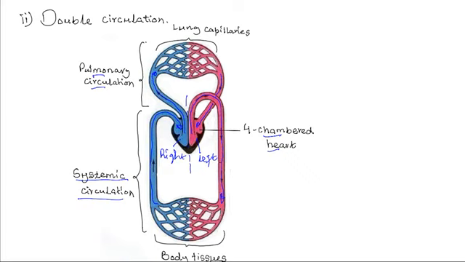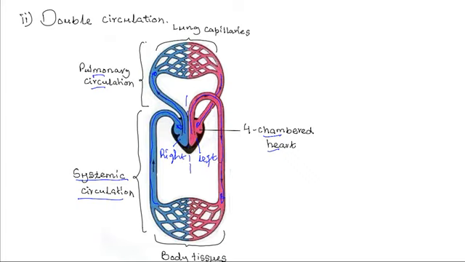Now, the major advantage of the double circulatory system is that oxygenated blood flowing through the body tissue is under high pressure, and this therefore means that there is a more efficient supply of oxygen and nutrients, thus ensuring high respiratory rates.